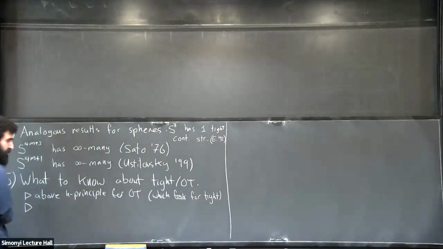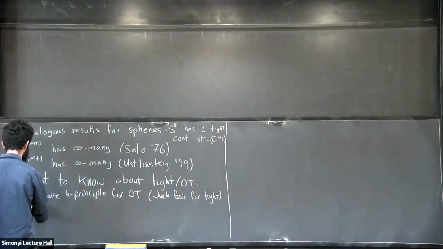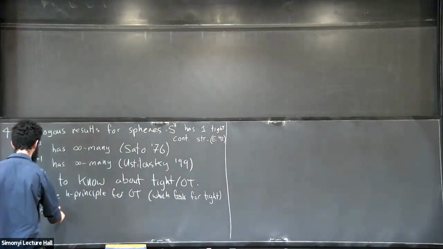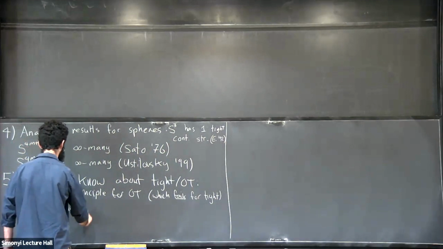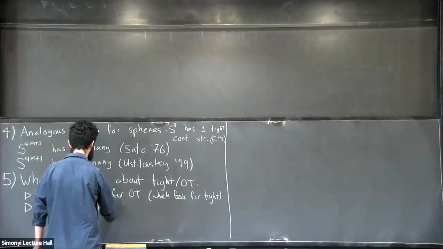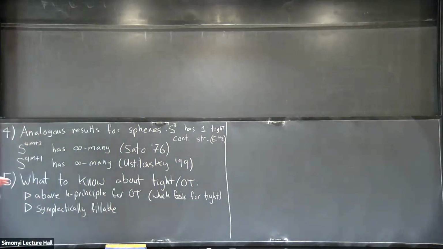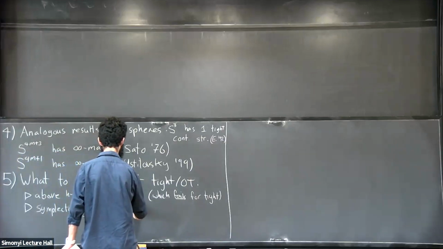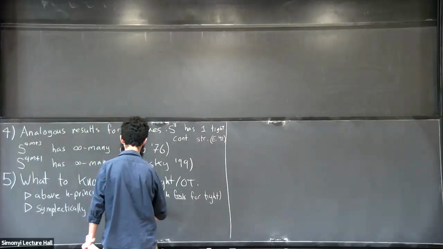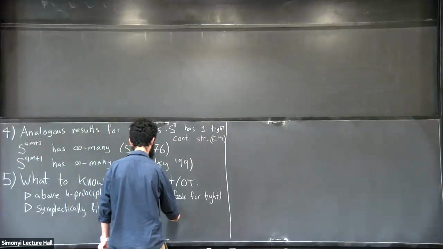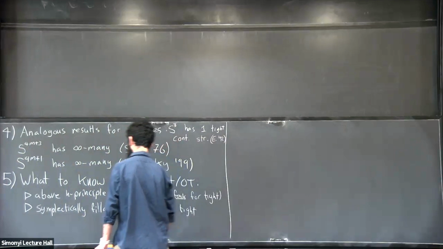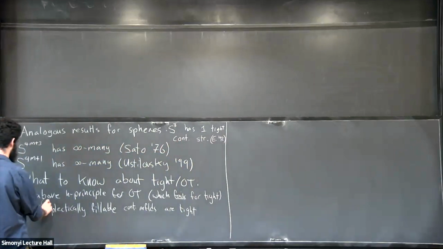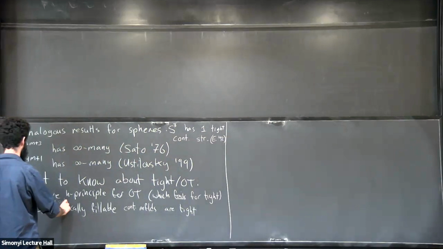And in terms of recognizing tightness, the main criterion is that any symplectically fillable contact manifold, so a contact manifold that arises as a contact boundary of a symplectic manifold, is tight. Or more generally, open subsets of tight manifolds are tight.